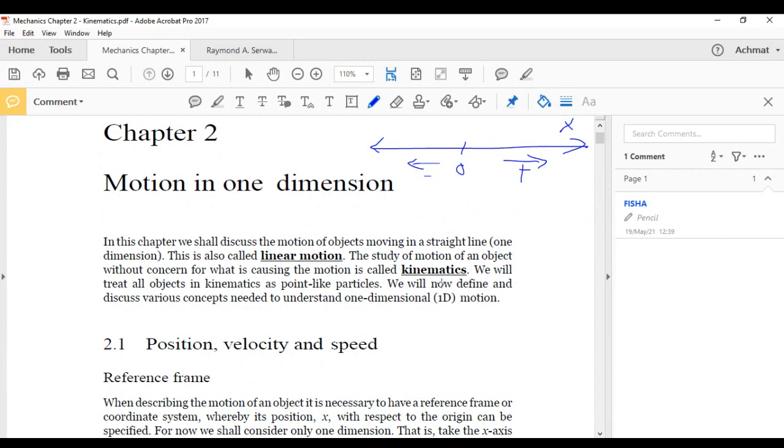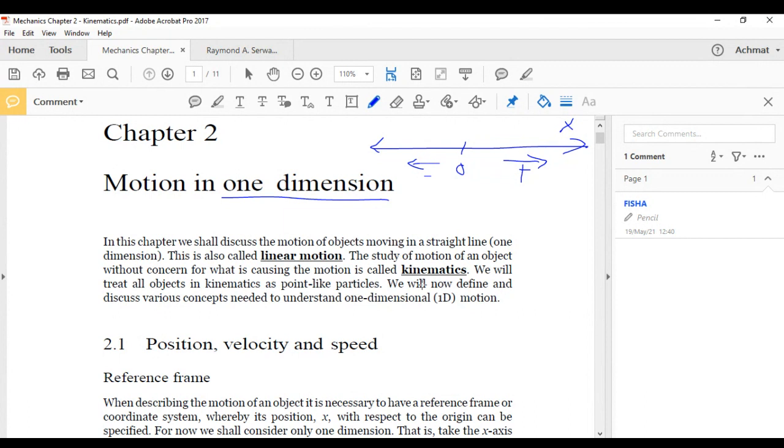Kinematics is only talking about motion. It can be for two dimensions and three-dimensional motion as well, but at the moment we are only considering one-dimensional motion, everything on one straight line.